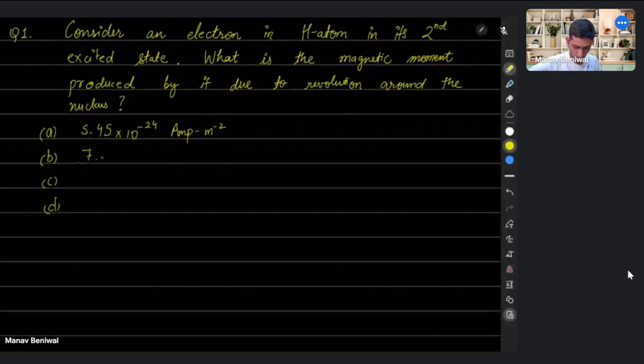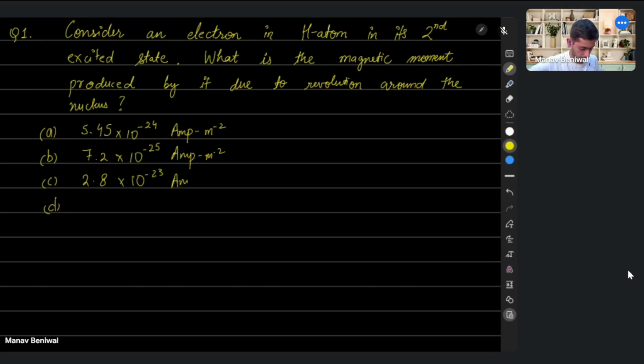these. Okay, so you can note that the magnetic moment is asked in SI units, which is ampere per meter square.